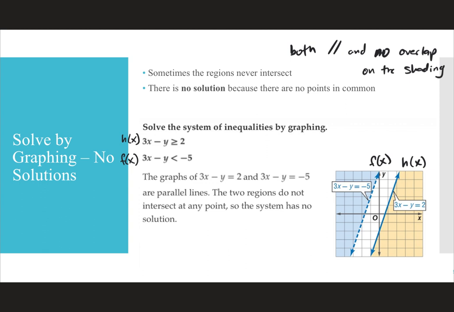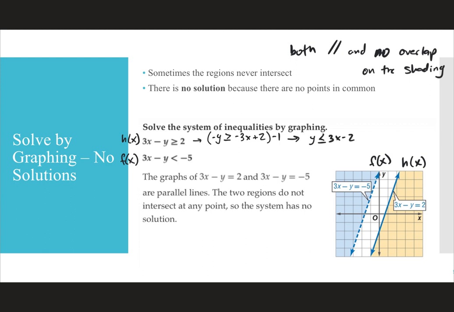So I'm going to solve both of these so that they are in slope-intercept form. Okay, so this one means negative y is less than or equal to negative 3x plus 2. Multiply the whole thing by negative 1, and you get y is greater than or equal to 3x minus 2, because remember, when you multiply by a negative 1, you flip the sign.